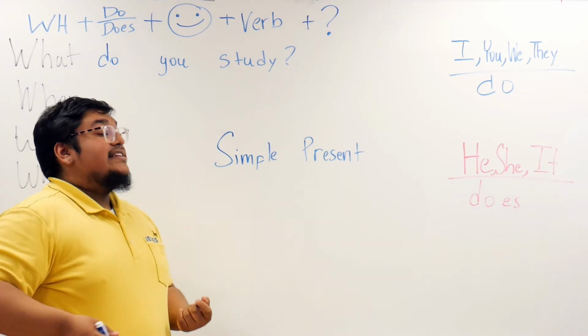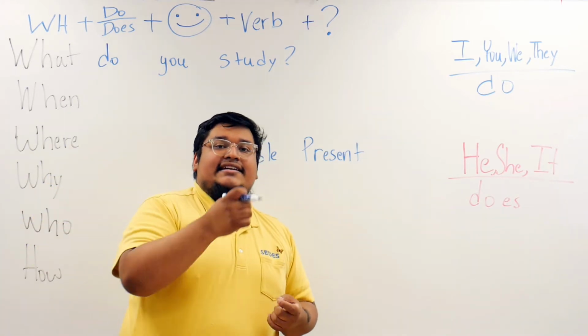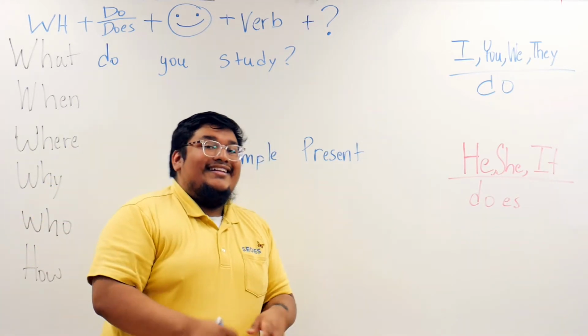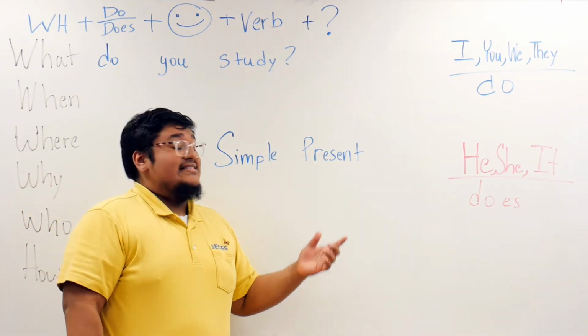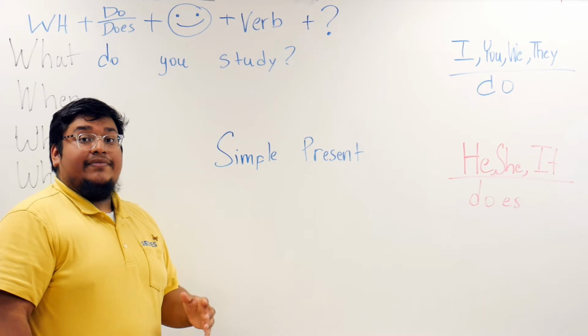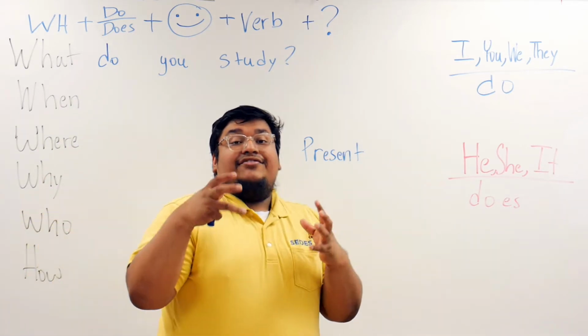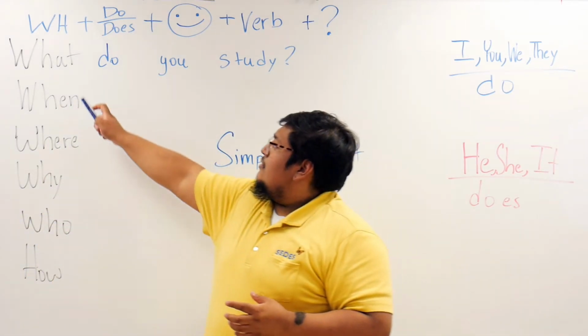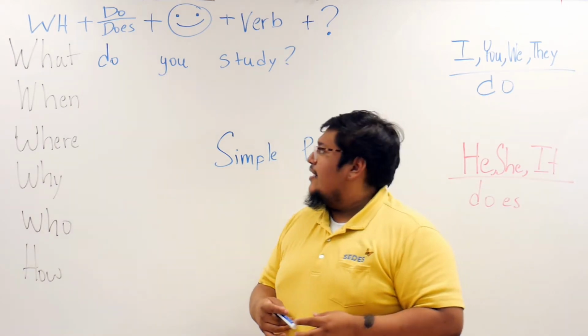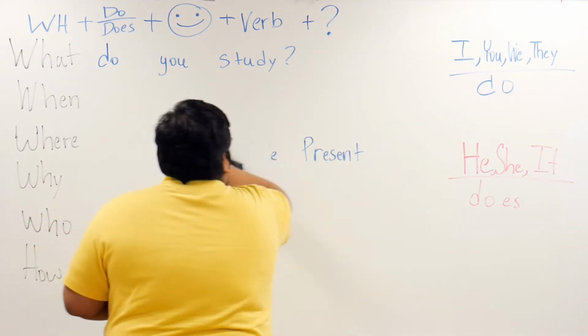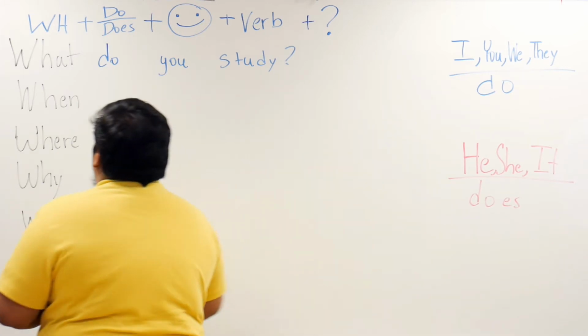So if my answer is, I study English, the specific thing that what is asking me is English, because that is what I study. So just remember, if you see the WH question that includes the word what, it's asking for something specific.